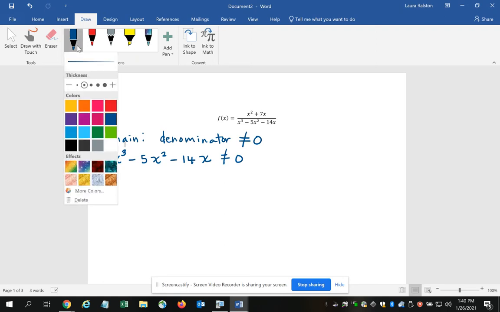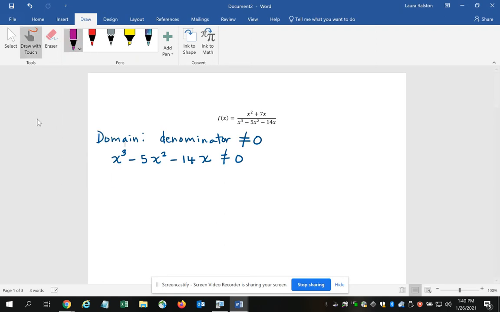Because I have an exponent of 3 there, we're probably going to have to factor in order to find those restricted values. One of the things that I notice is that I have a common factor of x. So I'm going to factor it out. So I would have x times (x squared minus 5x minus 14), and we know that cannot be 0.